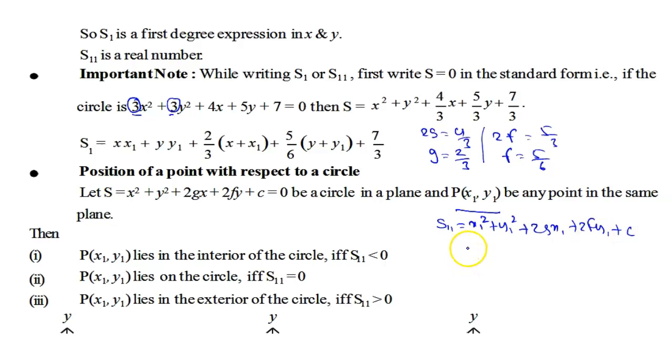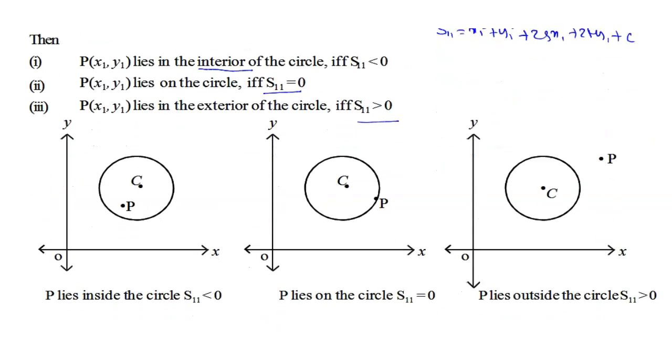In this formula, we substitute x1 comma y1. If the S11 value is less than 0, we can say the point is in the interior of the circle. If S11 is equal to 0, the point is on the circle. And if S11 is greater than 0, the point is an exterior point of the circle.